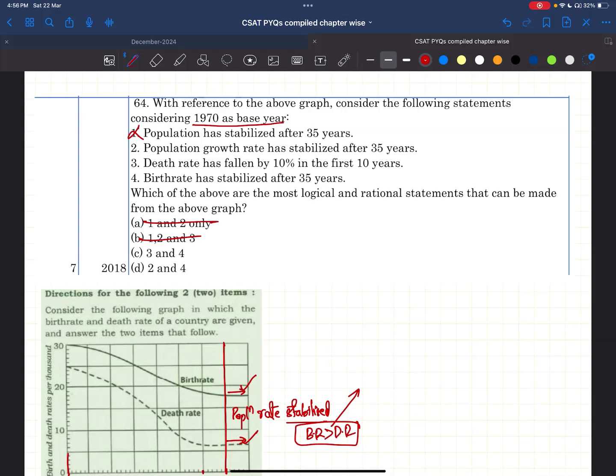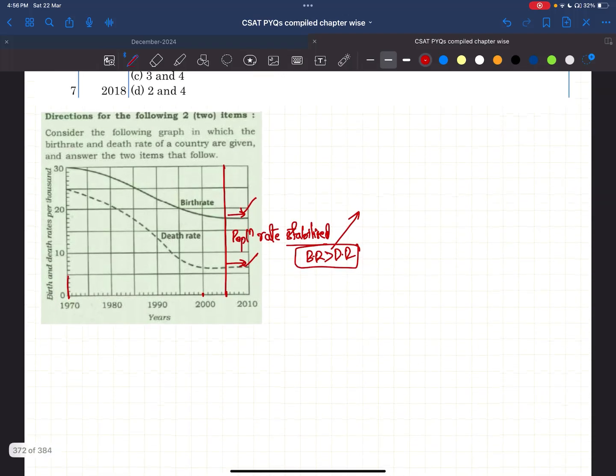Now, population growth rate has stabilized after 35 years. Yes, this is right. Now, death rate has fallen by 10% in the first 10 years. 1970 is the base year, right? The death rate in 1970 is 25. After 10 years, the value of the death rate is 21.